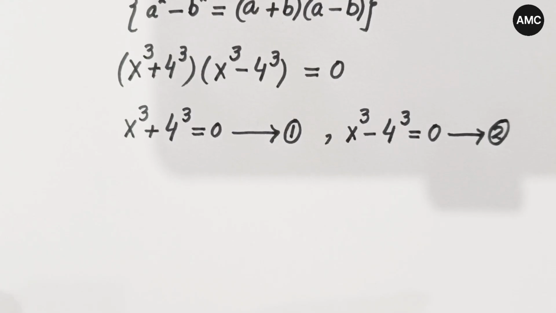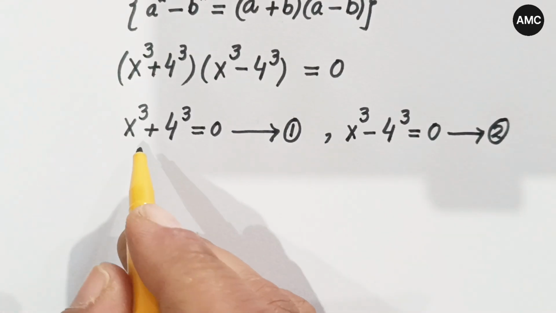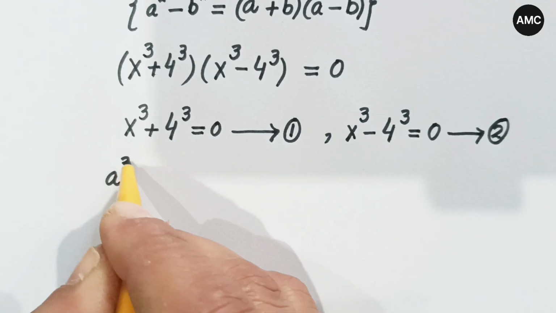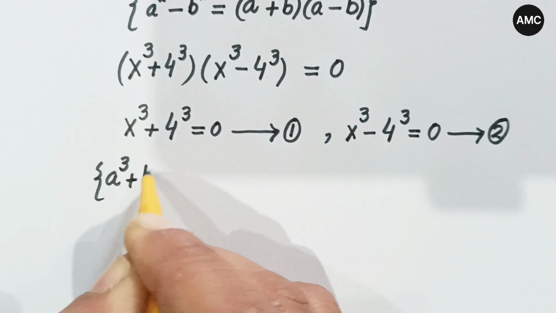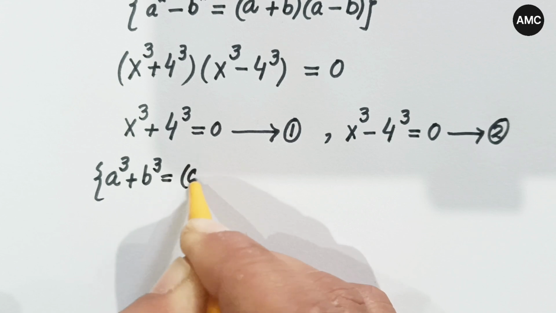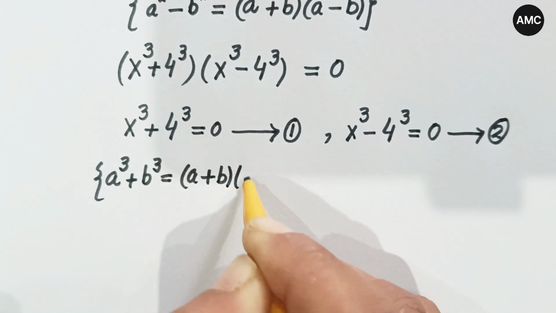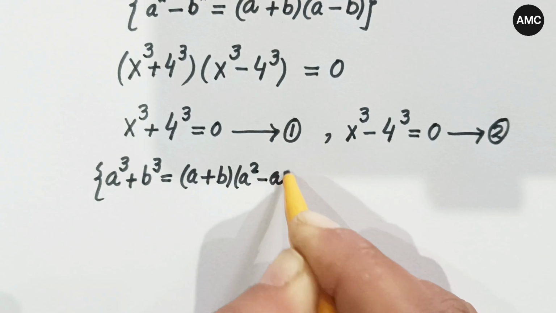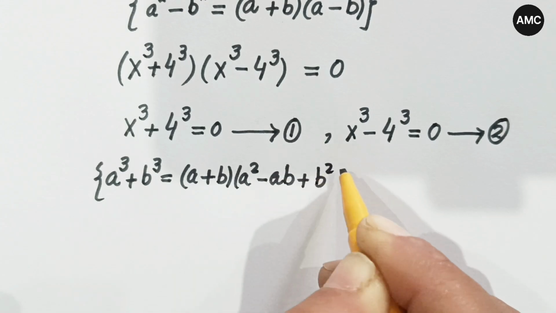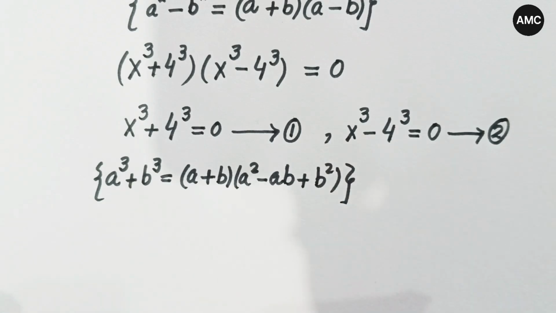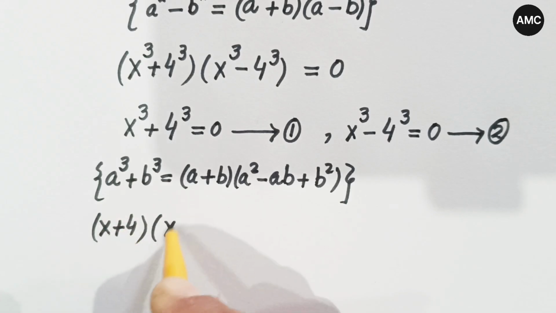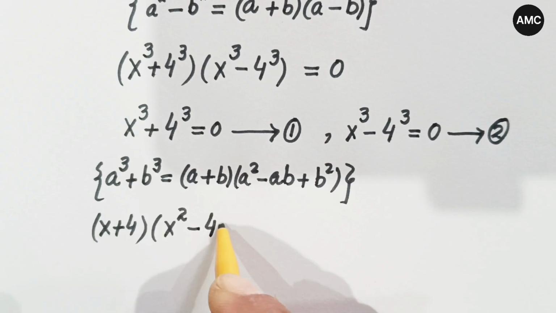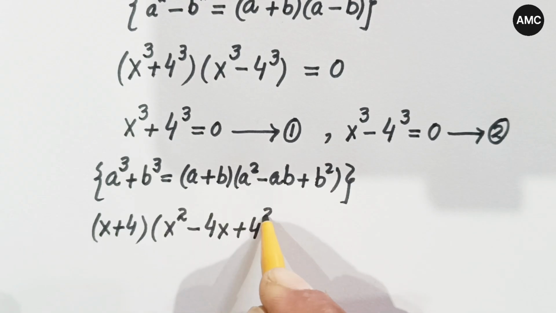Now solving our equation 1 here, x cubed plus 4 cubed, as we know that a cubed plus b cubed is equal to a plus b times a squared minus a times b plus b squared. So using this identity here, it will be x plus 4 times x squared minus 4 times x plus 4 squared is equal to 0.